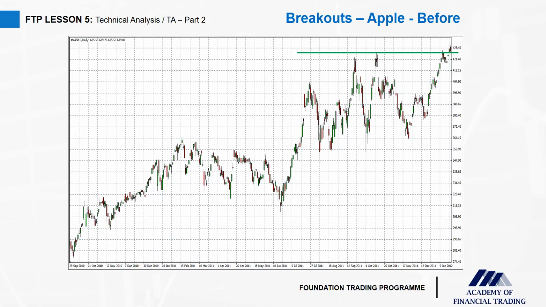So what are we looking for? Well, we're looking for a ceiling, and here we can see one. All right? We can see a ceiling up there to the top right. It's a pretty clear ceiling. Now, if I was to ask you, here the ceiling is at $421 per Apple share. Is that an expensive or inexpensive price for an Apple share at this point?